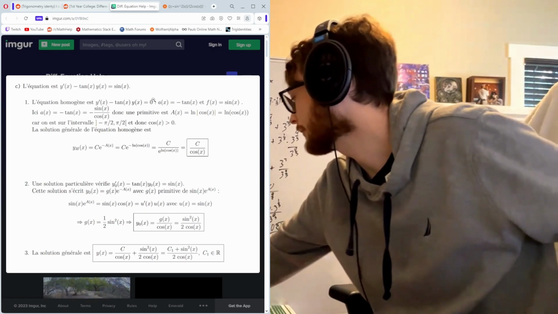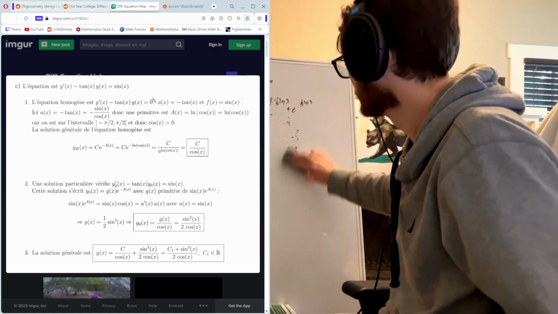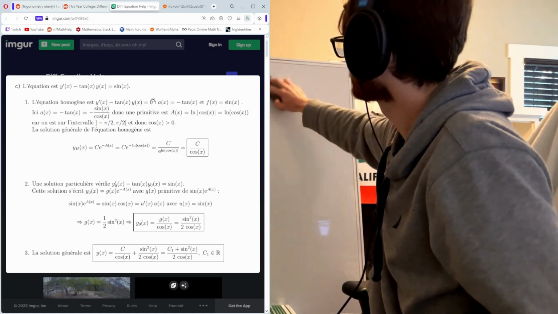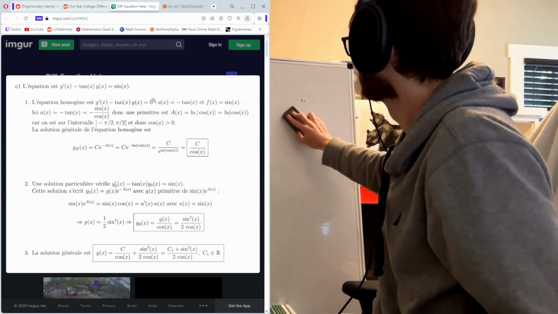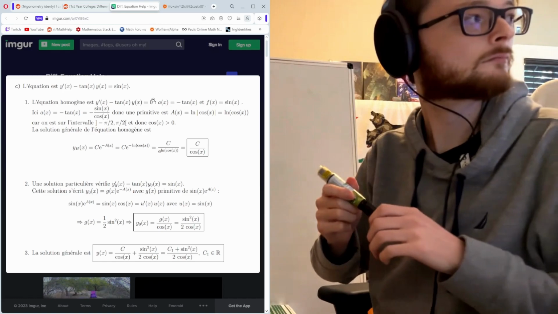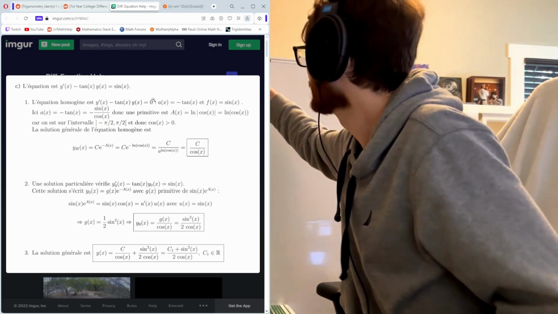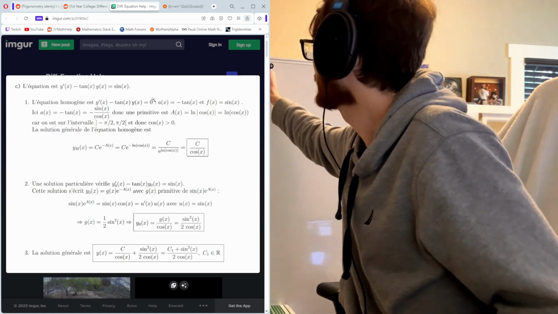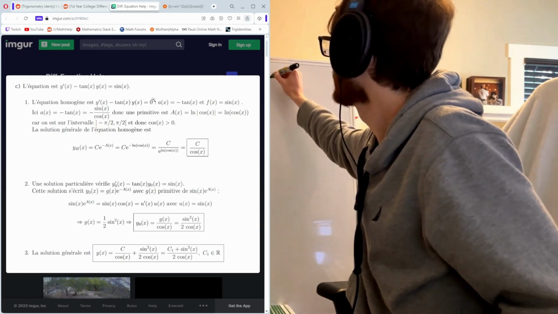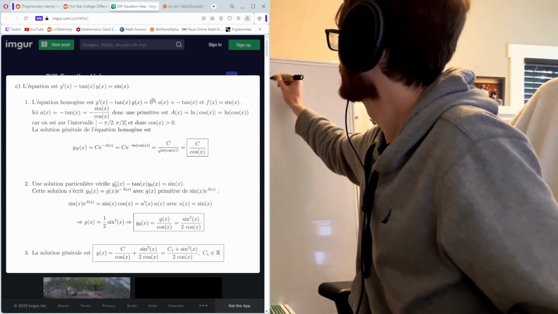Okay, let me copy some things down. So we said our solution is y equals c1 plus sine squared x over cosine x. Fair enough.